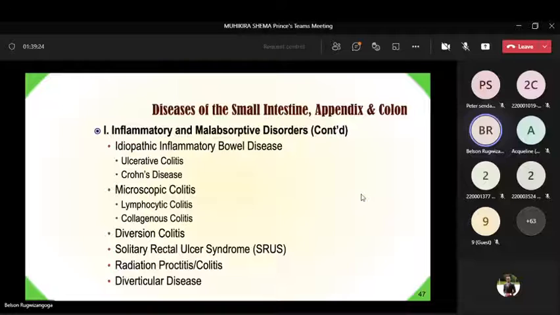Diversion colitis is a colitis caused by urine. Diversion means some people have problems in their urinary tract, and then the surgeon will divert the pathway of the urine.